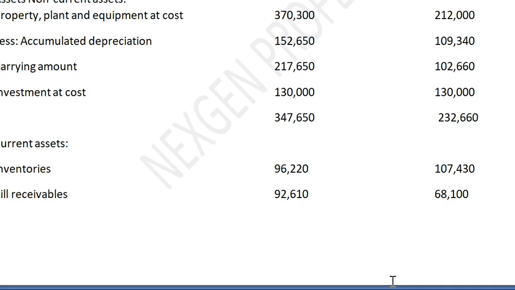Inventory, that's what we look at. So meaning that we had more sales of our inventories. Now we are looking at receivables. Receivables are the ones we are receiving from our customer. Opening is 68,100, and then the closing is 92,610. Please remove this 68,100 from 92,610. What do you have, please?